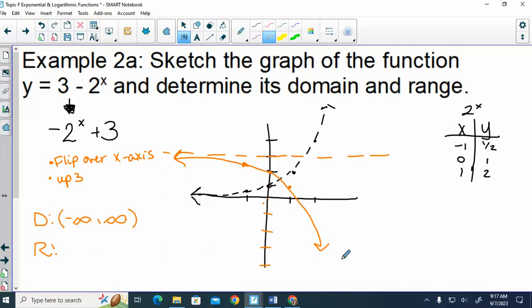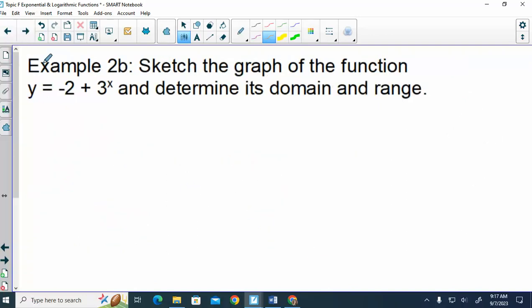The range is my y going from the bottom up, so it's coming from negative infinity, and it stops when we get to the asymptote. Is that one okay?